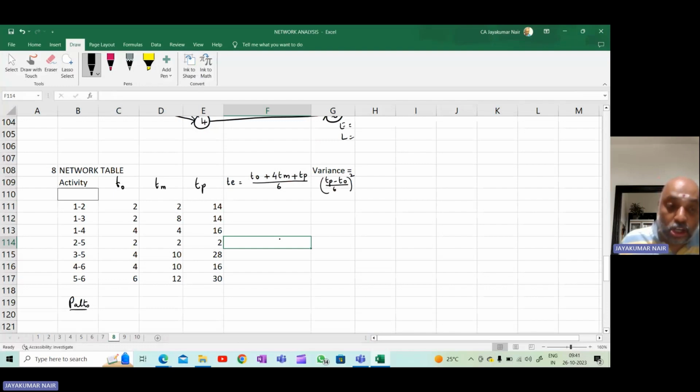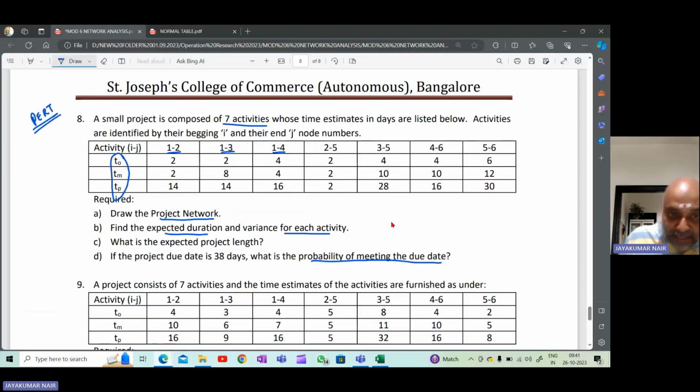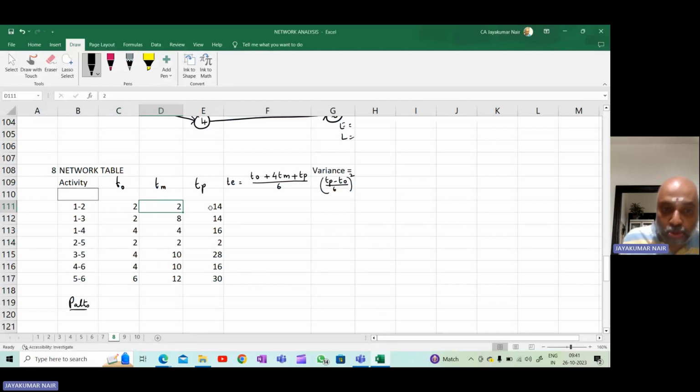They are already given in the question. So we copy these: 2, 2, and 14 for the first activity; 2, 8, and 14; 4, 4, and 16; 2, 2, 2; 4, 10, 28; 4, 10, 16; and 6, 12, 30.